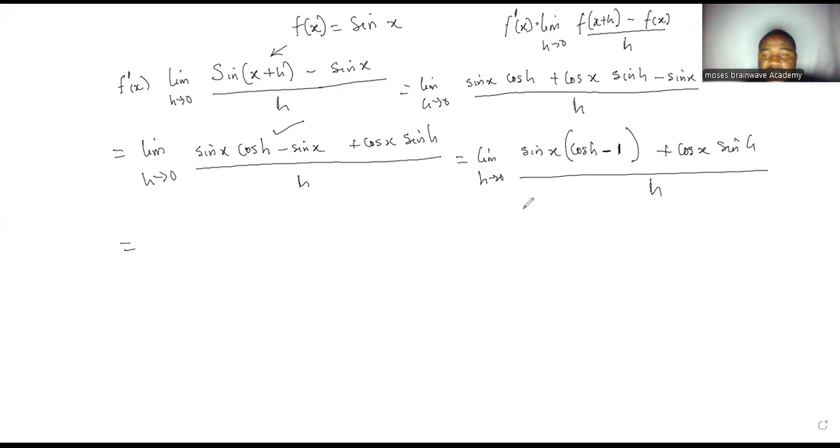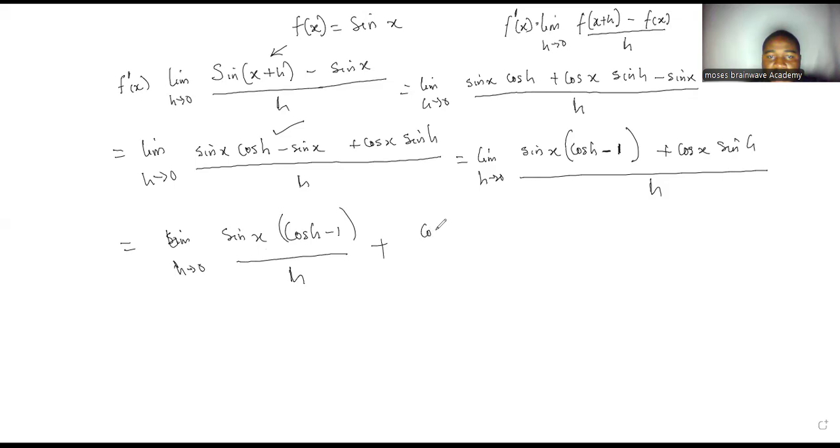Now, since the denominator is the same, I can decide to split them out, right? So I can decide to have something like the limit as h tends to 0. So here I'm going to have sine x times cos h minus 1. Now, this can be all over h, right? And then I can have this side separated.